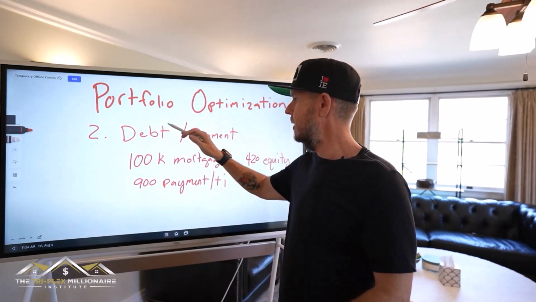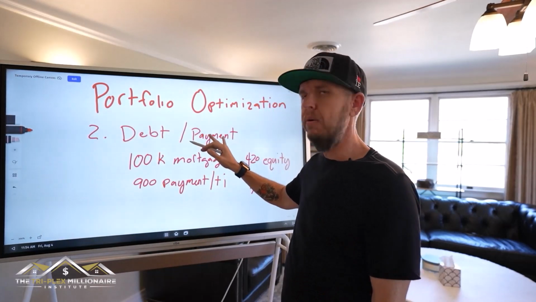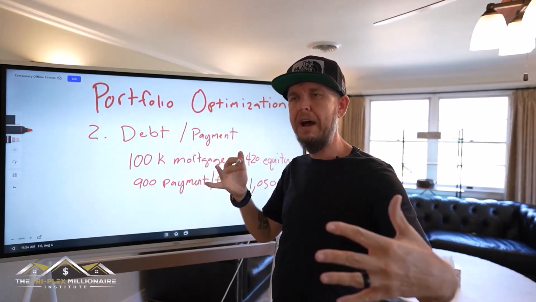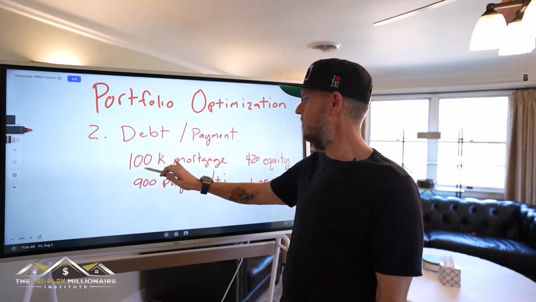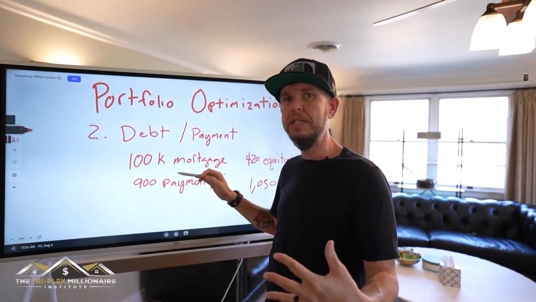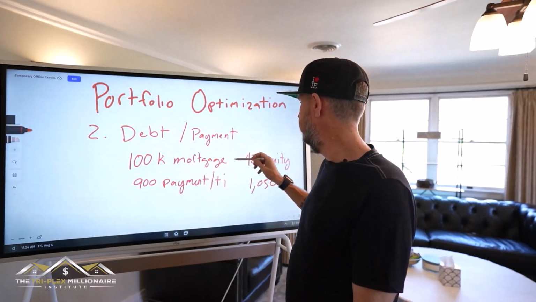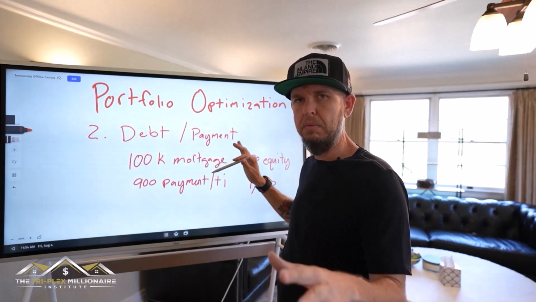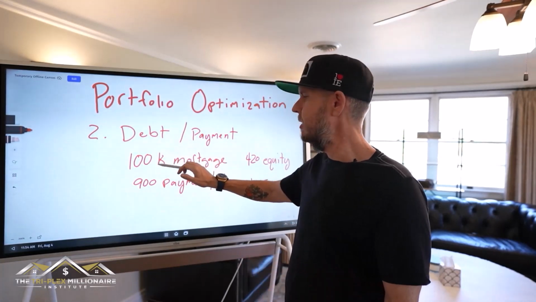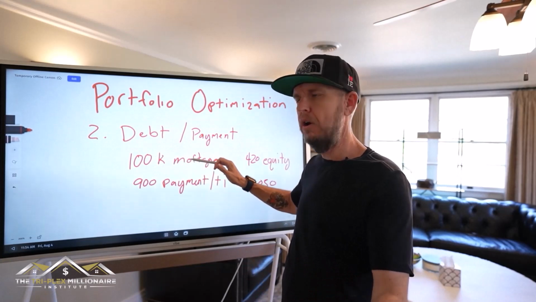With this scenario at $550,000 value, I've got debt on that property of 100 grand. This is actually a real scenario that I'm running here, for a client that we optimize for. So a $100,000 mortgage is what they had left owed on the property.